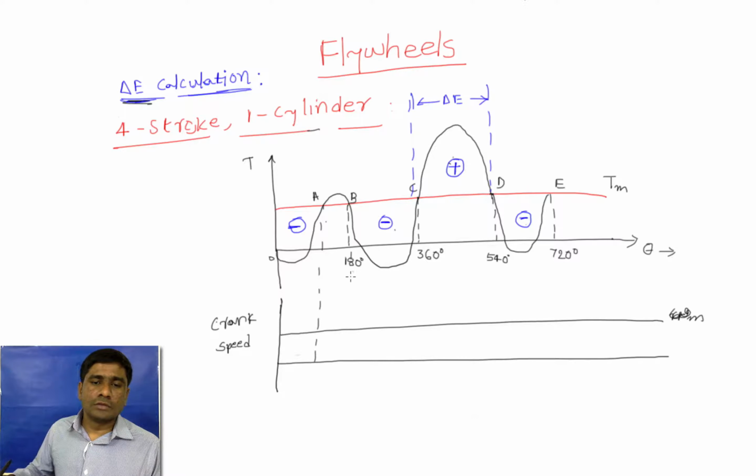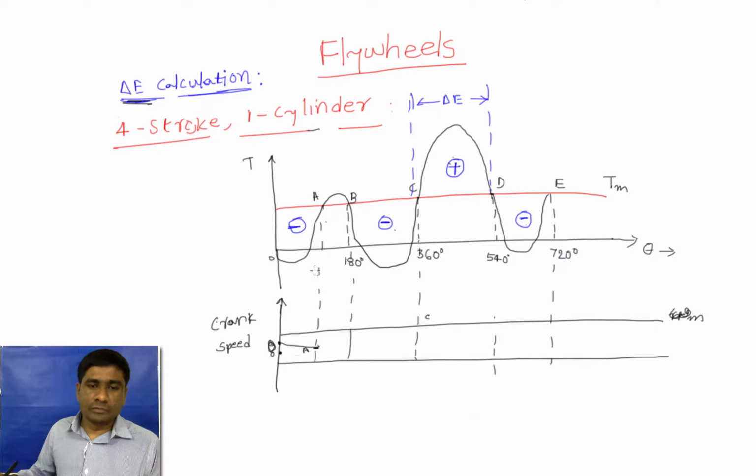This is the A, this is the B, this is the C point, this is the D point, and this is the E point. Let's say, for example, the crank is rotating with the initial velocity omega, starting from this one, the starting point O. At A, the velocity of the crankshaft should be less than at O. For example, if O is here, the point A should be on this line, and you connect these two.